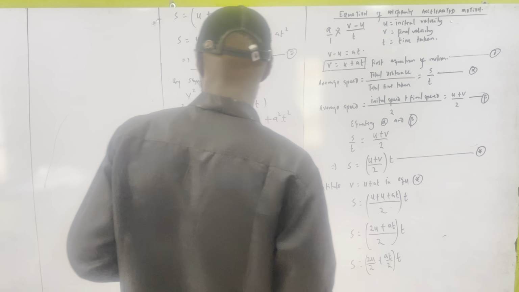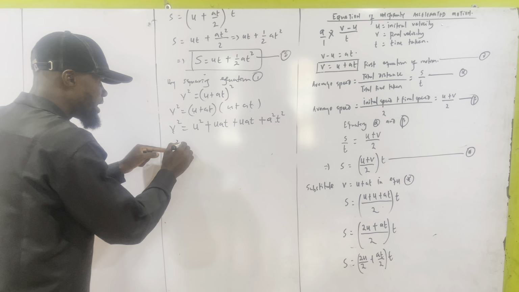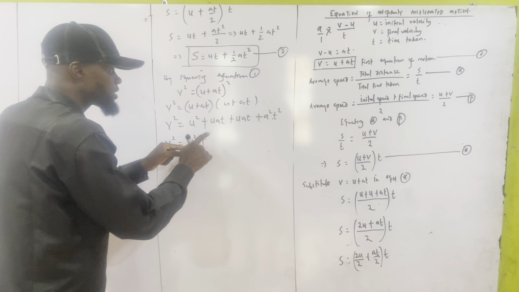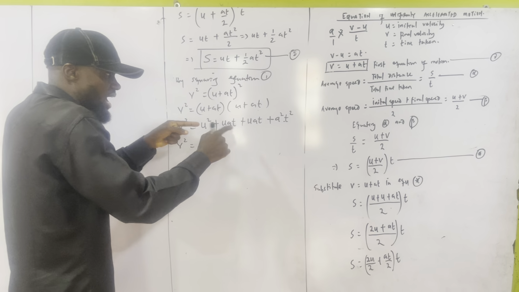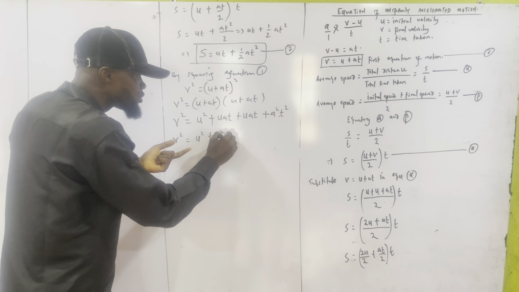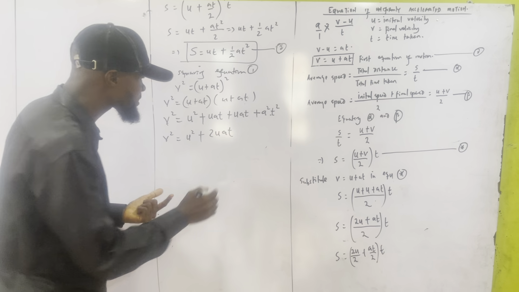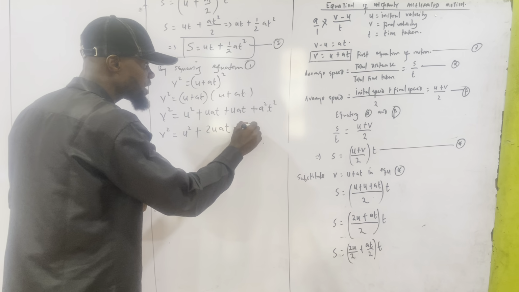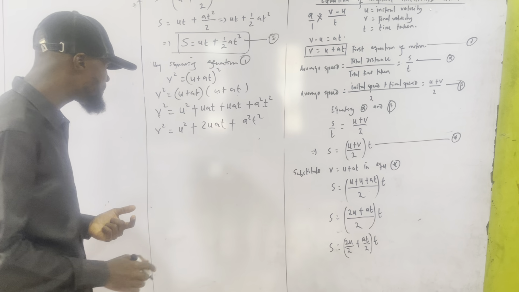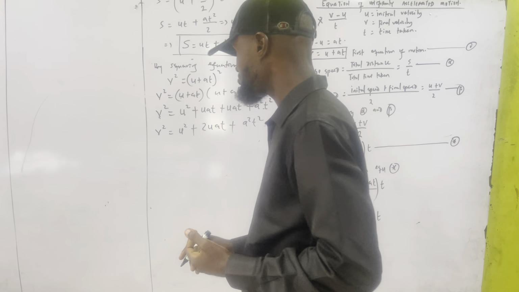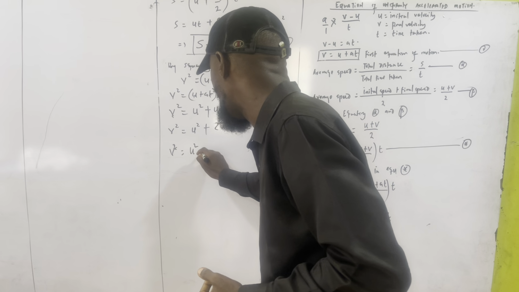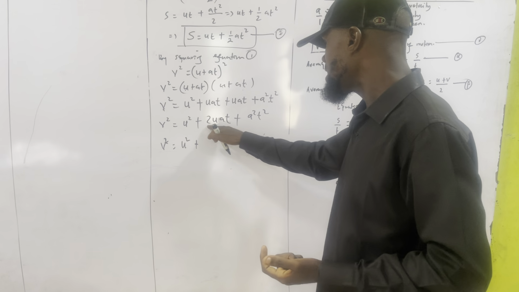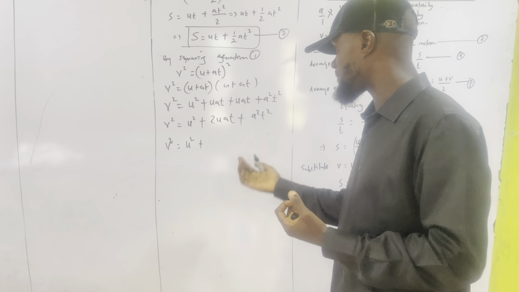So from here, we now have v squared is equal to u squared plus this one, you add it to this one, and the result is going to be 2uat, plus this one will give us a squared t squared. Now from here, we have that v squared is equal to u squared plus, now here I want to do one factorization.